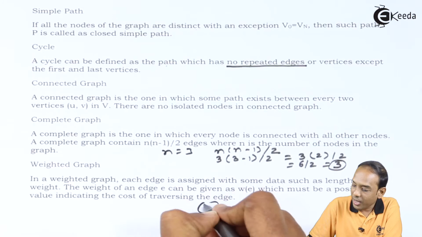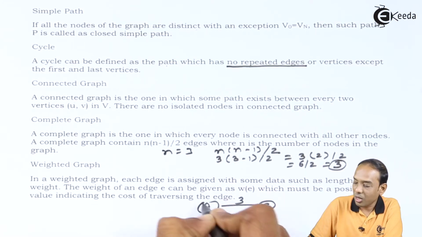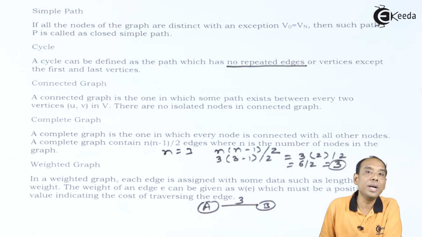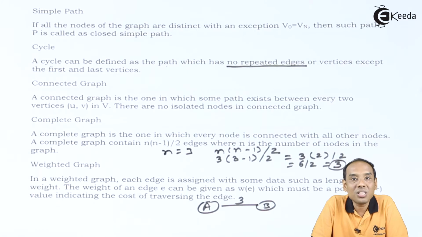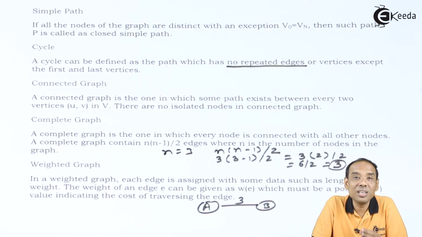I have an edge from A to B and it is written 3. It means the distance, weight, or cost of traveling from A to B is going to be 3. This is how you indicate a weighted graph. In a weighted graph, you must have values assigned to edges. This defines the cost or length or weight for traveling from one node to another node.